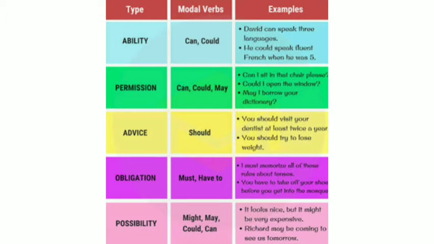You can see it clearly, and I hope it is clear. Like can, could, example is given. David can speak three languages. He could speak fluent French when he was five. Like this you can read the examples and try to use them in your own sentences. Okay, this is all about modal verbs in a chart form.